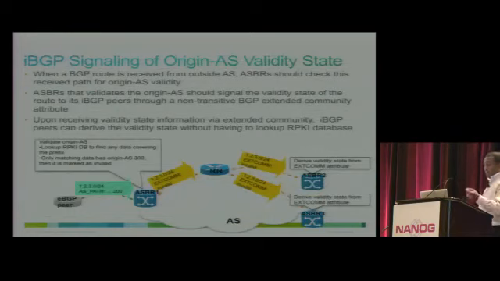So once the validation has happened, the border router can notify other routers through a new extended community about the state of the origin validation, either invalid, unknown, or valid. And then other routers can decide what to do with that, based on policy, obviously.